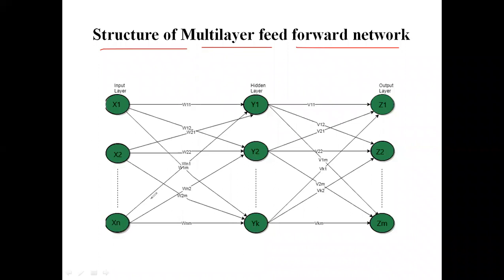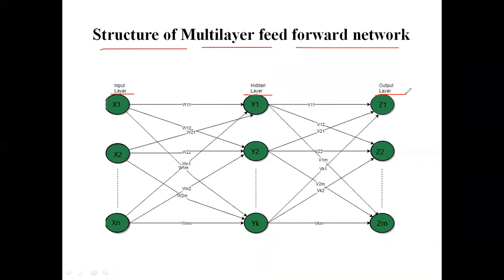If you observe this diagram, it has basically three layers. The first one is the input layer, the second one is the hidden layer, the third one is the output layer. This network has three layers.